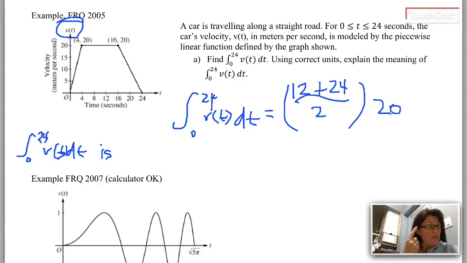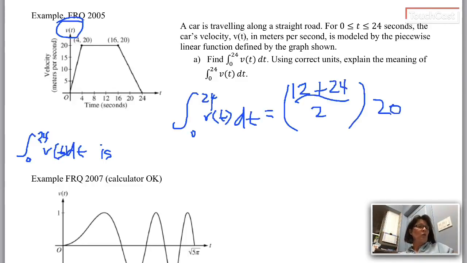They want to know the quantity that it represents, the units of that quantity. They want to know, think about the limits of integration. What variable do those represent? What quantity do those represent? And can you give units on that? So there's four separate parts. Two different quantities, two different sets of units.